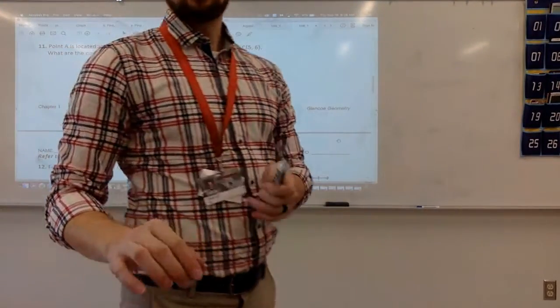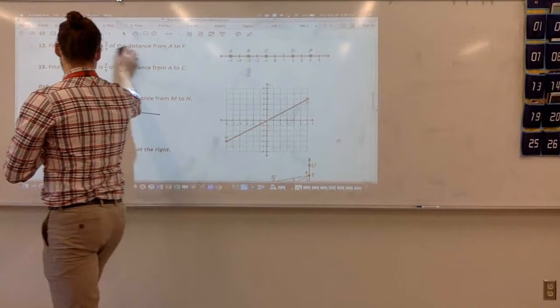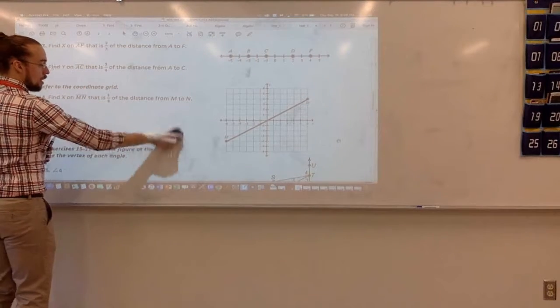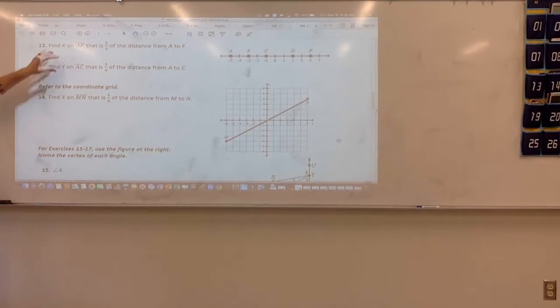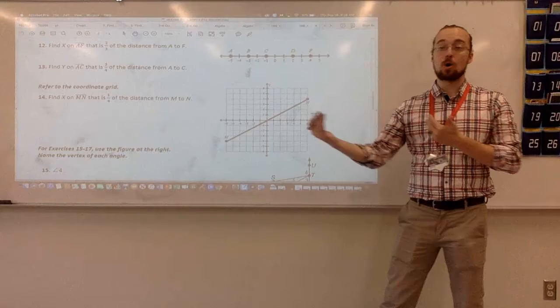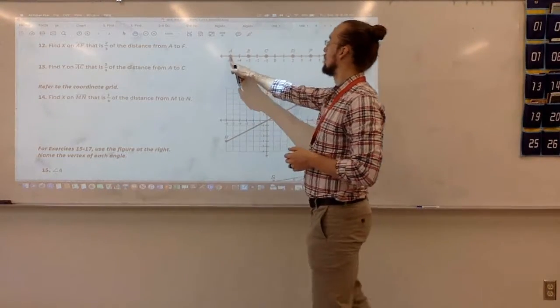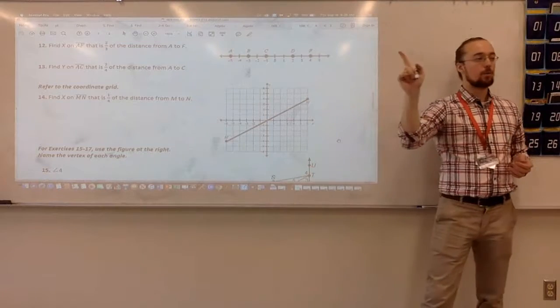Alright, then on the second page, we're starting fractional distance for the first couple of problems here. So the first two are just on a number line. The first step for fractional distance is to find the total distance between the points in question. So first I'm looking at A to F. So I'm starting at -5 and going to 4.